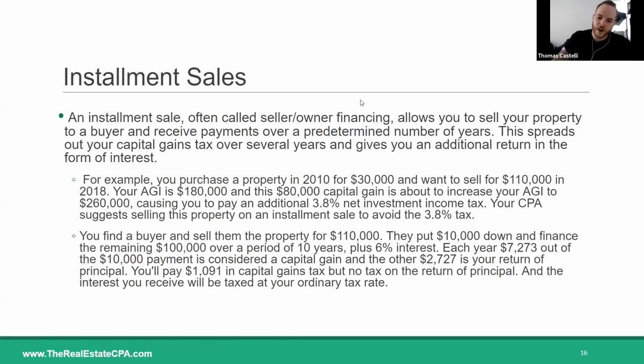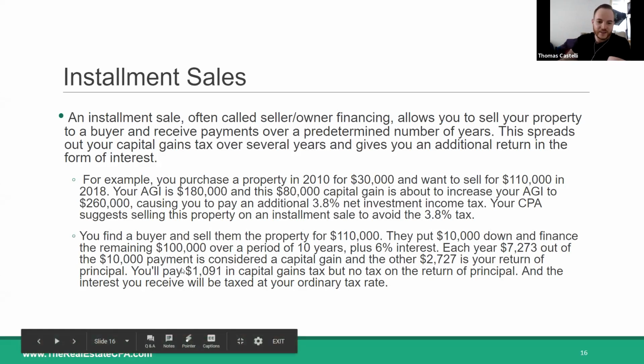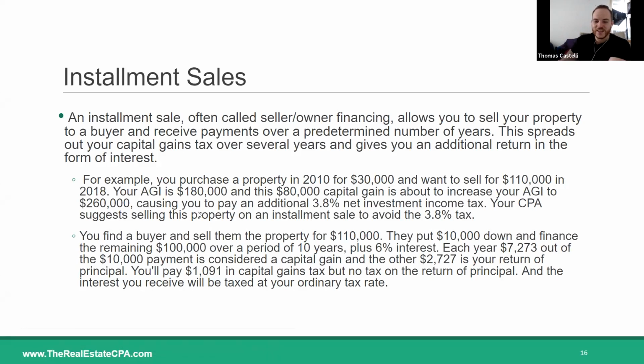Let's say you purchased a property in 2010 for $30,000 and you want to sell it for $110,000 in 2018. Your AGI is $180,000, and this $80,000 capital gain is about to increase your AGI to $260,000, causing you to pay an additional 3.8% in net investment income tax.